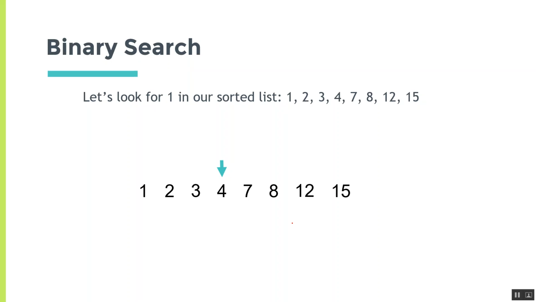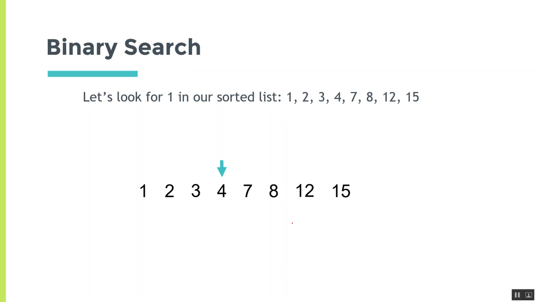Now we ask ourselves, is 1 equal to our current value, which is 4? Is 1 equal to 4? It's not. Then we have to ask again, is 4 greater than or less than 1? 4 is greater than 1.